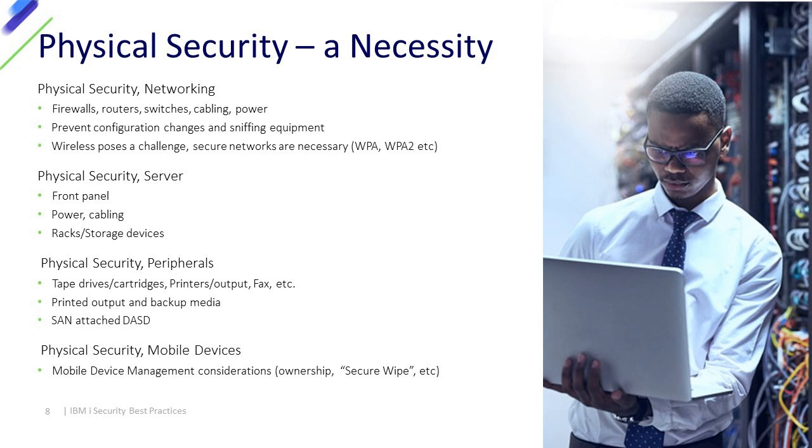And what do you do in those type of situations, right? You need to think through the security considerations for that. As an employee either leaves the company, loses their phone, those type of things, what do you do?